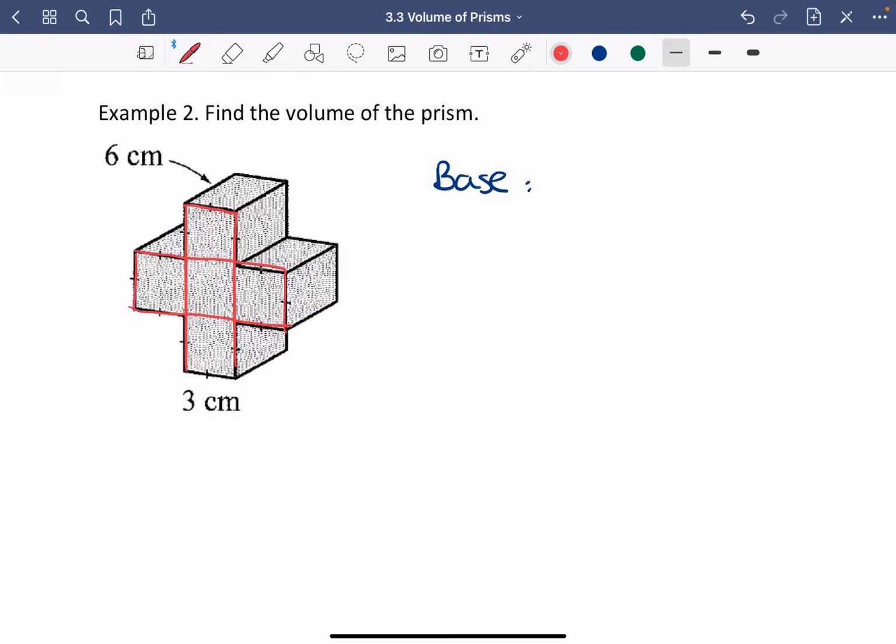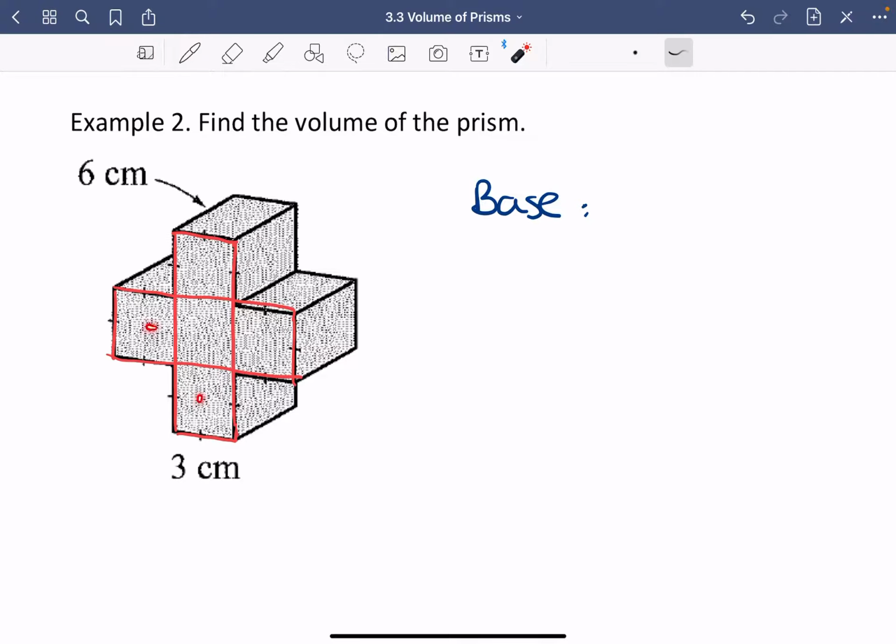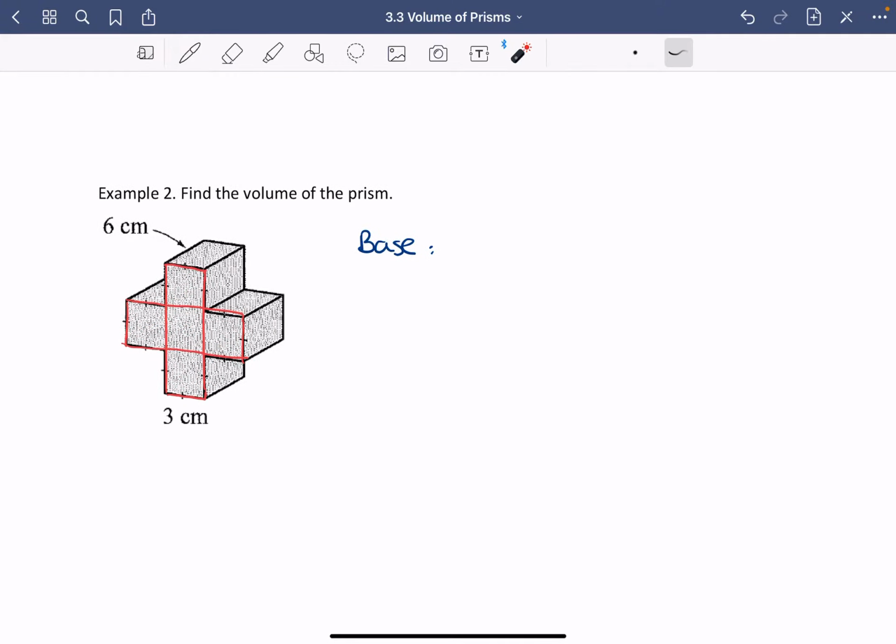And each of the squares will have the same area because the length is always 3. The little line here means that the lengths are the same. Okay? So the length is always 3. And so how many squares do we have? 1, 2, 3, 4, 5 squares.